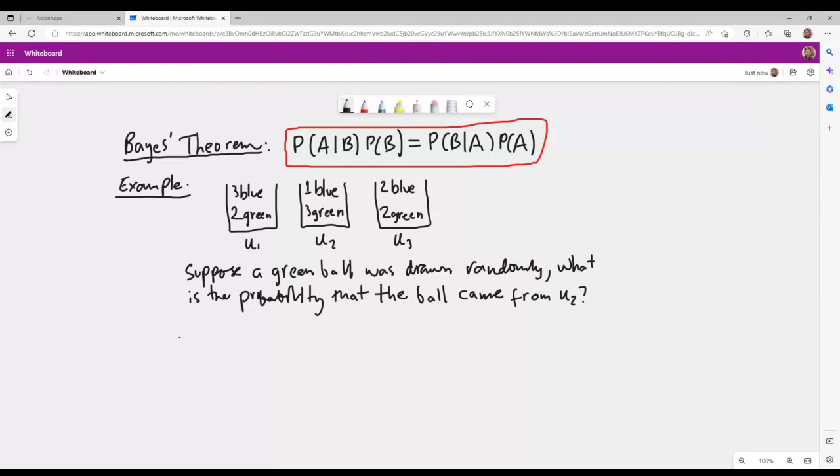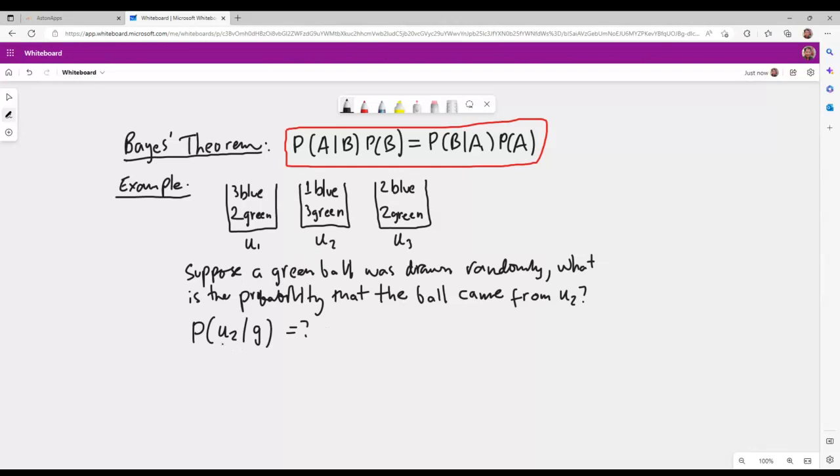So in probability notation, what we are asking is, what is the probability of the ball coming from U2 or urn 2 given that a green ball was actually drawn? And we will be able to answer this question by using Bayes' theorem.